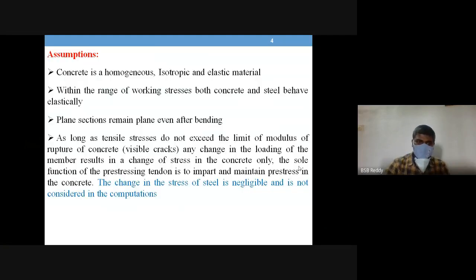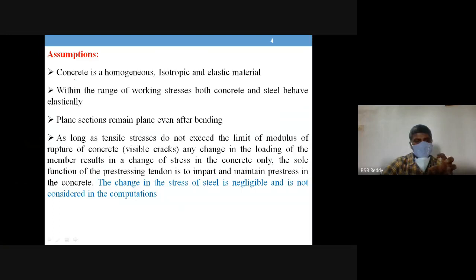They are very regular, because whatever we have assumed even for reinforced cement concrete, the same holds good for pre-stressed concrete also. The concrete material consists of cement, fine aggregate, coarse aggregate, water, and also some mineral admixtures, maybe chemical admixtures.